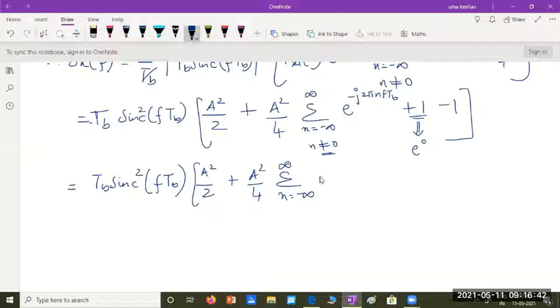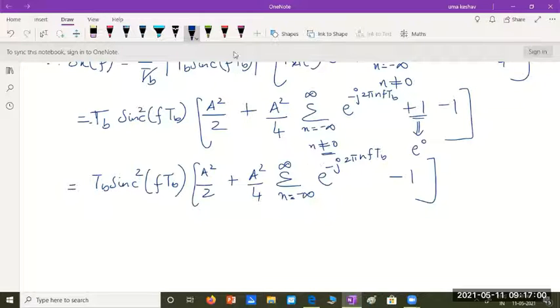Okay. So I'll take this and minus j2 pi nf tb and minus 1, because this means that it is e power 0 and I have taken that into consideration in this summation.